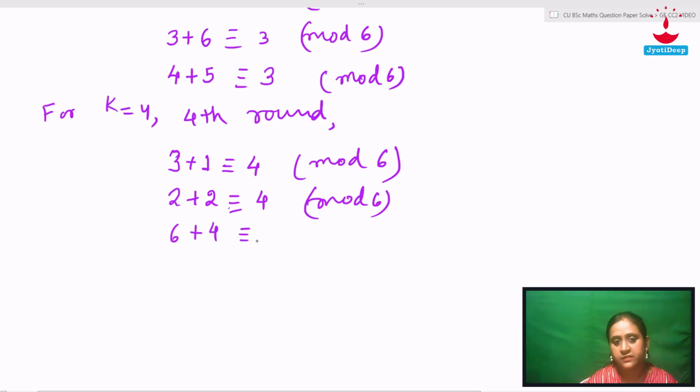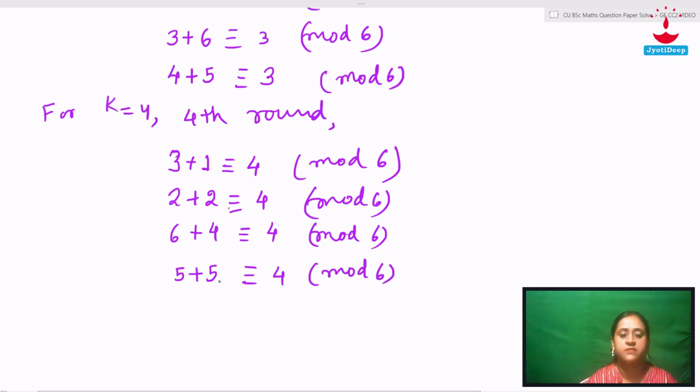It will also give 4 under mod 6. Okay, so we have taken 1, 2, 3, 4, 6. 5 is not here. So 5 plus 5 is congruent to 4 under mod 6. 5 plus 5, 10. Under mod 6, it will give 4.